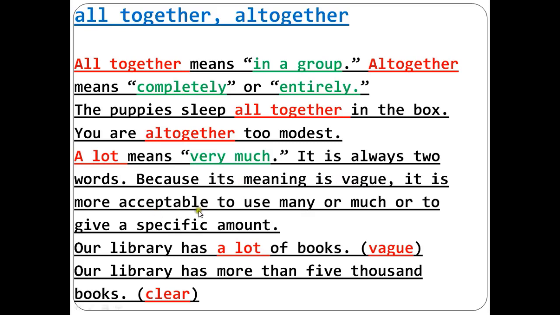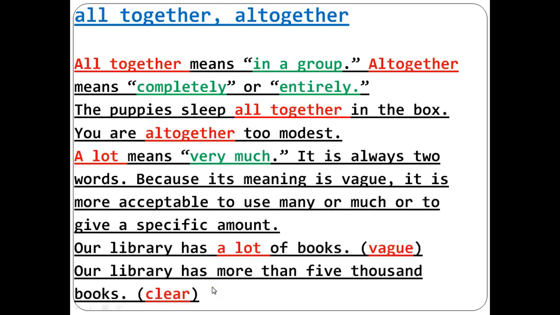It is more acceptable to use many or much or to give a specific amount. Example: our library has a lot of books. It's vague. A lot, what do you mean by a lot? Our library has more than 5,000 books. No, it's clear.